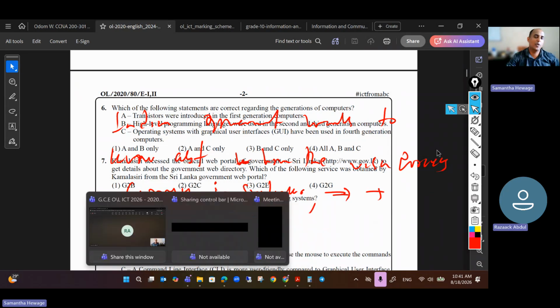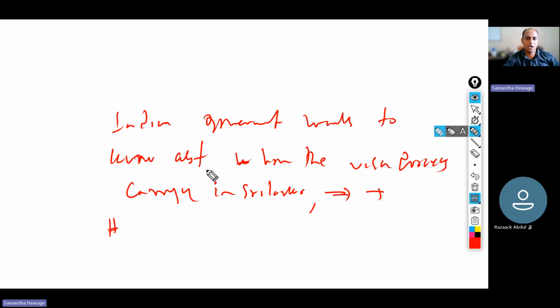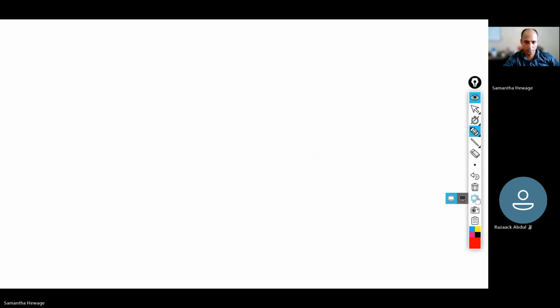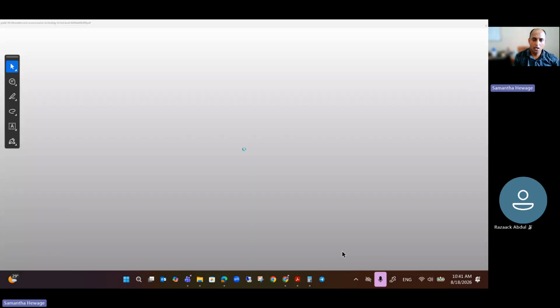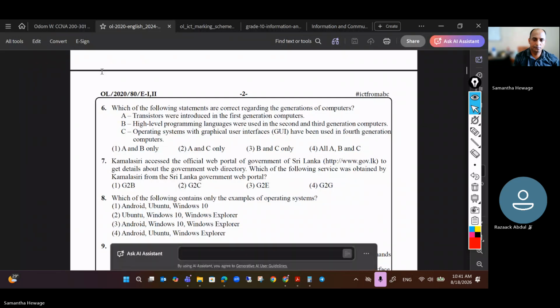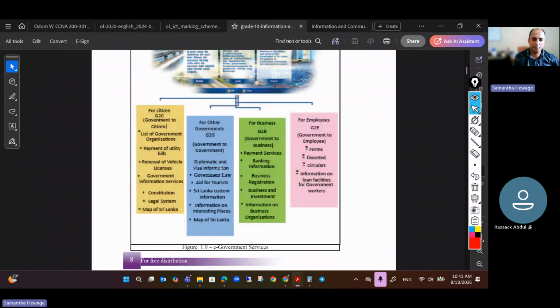Yeah, it's government to government, correct. Because the Indian government wants to know about how the visa process is carried out in Sri Lanka. Because we know that diplomatic and visa information is under government to government. Right?